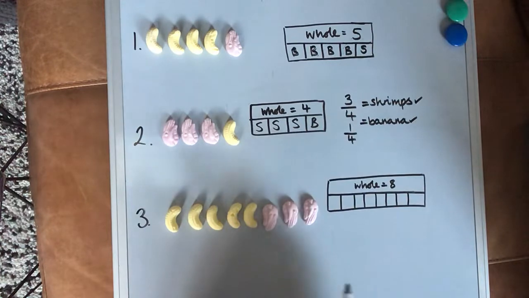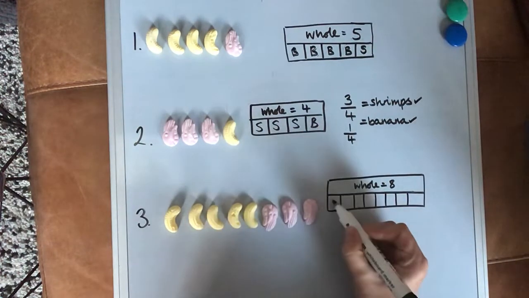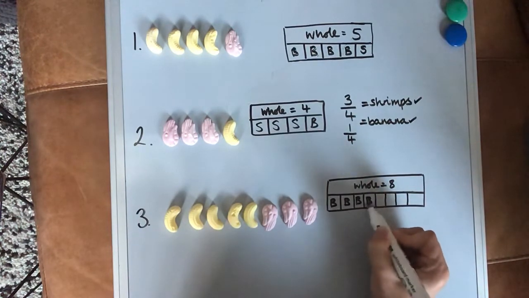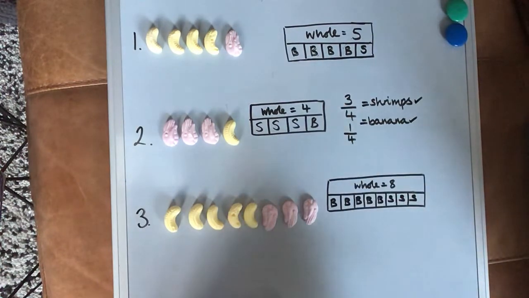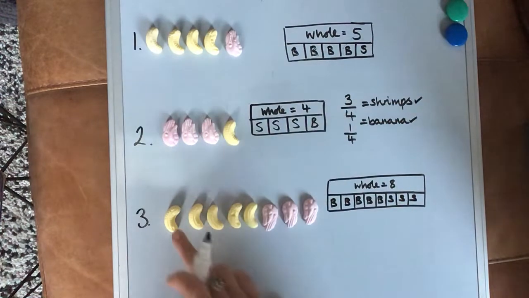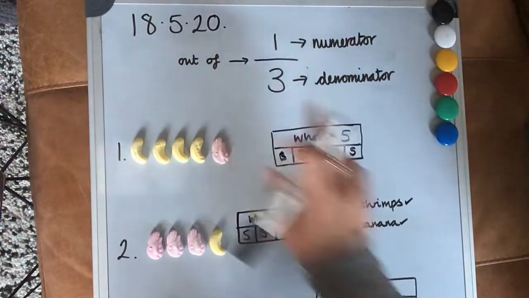So how many bananas have I got? 1, 2, 3, 4, 5 bananas. So B for banana. And 3 shrimps, okay? So my whole amount that I've got is 8, and I've got 5 out of the 8 sweets that are bananas. Remember this up here? 5 out of 8.